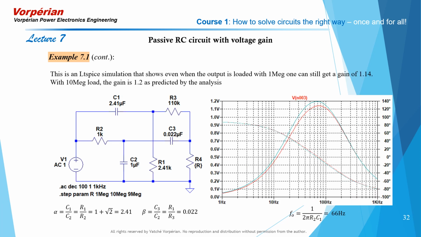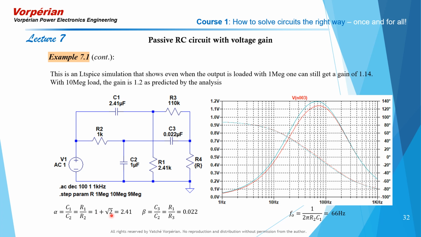To see how well this circuit works, we simulate it in LTspice, as shown here. In it, we have chosen the value of alpha, which is the ratio of C1 to C2 equal to R1 over R2, the value of alpha that results in the maximum gain, 1 plus root 2.